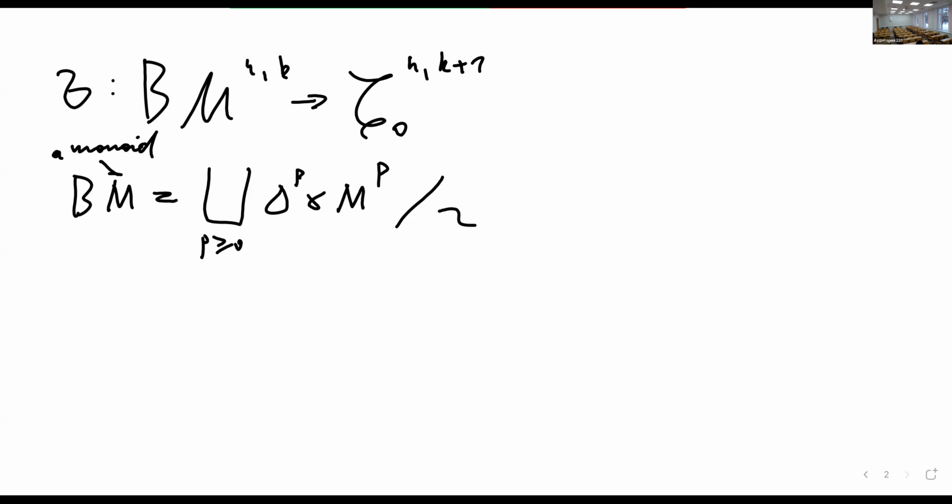Yes, and I think we did mention this when we discussed the classifying space for groups, didn't we? No, I think we discussed just classifying spaces of discrete groups, so it's a bit different.